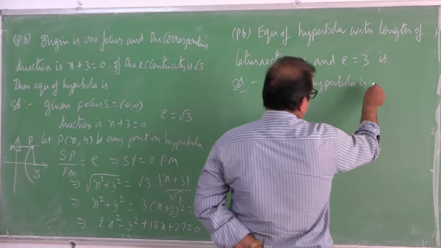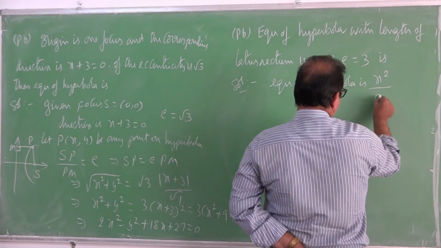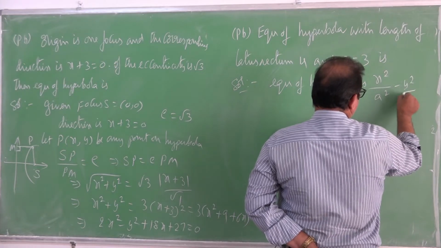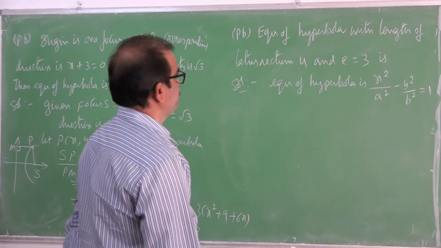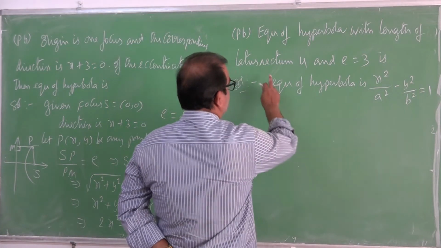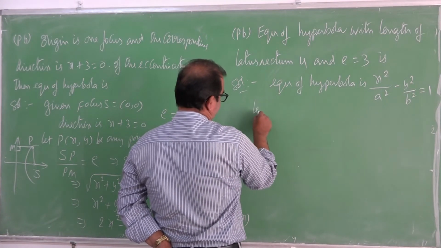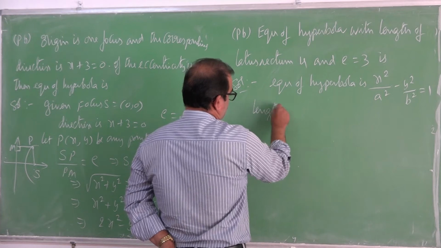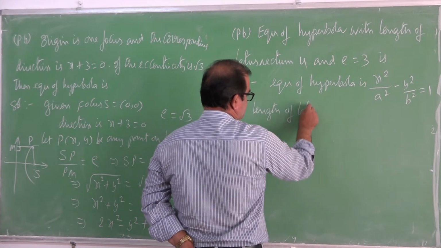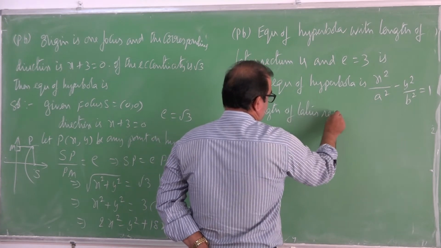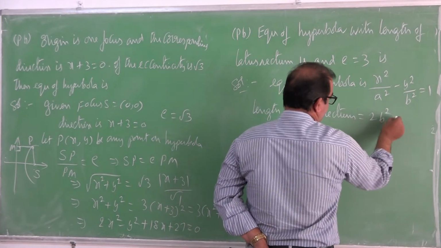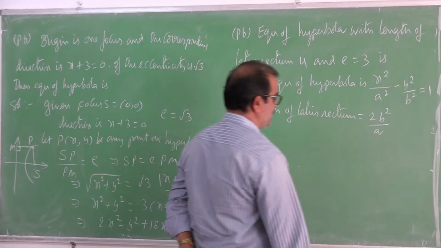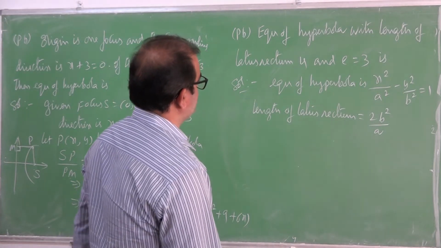x squared by a squared minus y squared by b squared is equal to 1. For this hyperbola, the length of latus rectum is 2b squared by a.